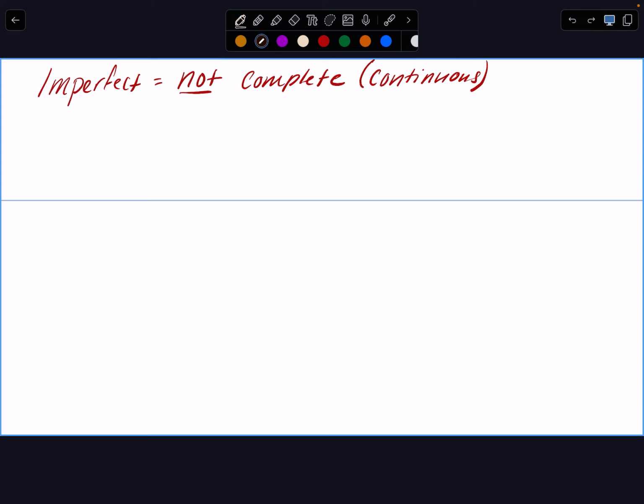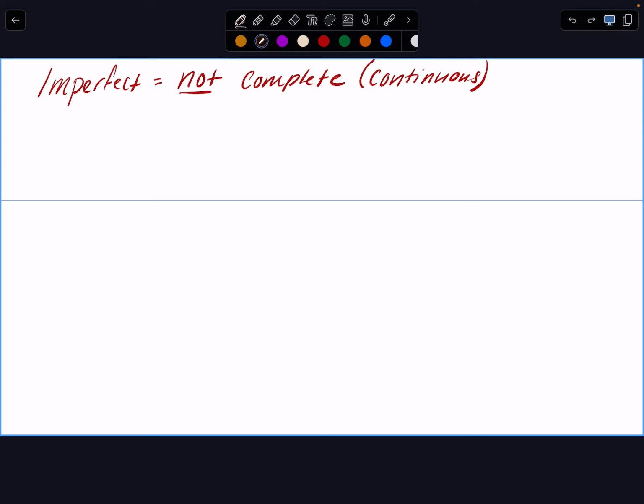Just think of it as its own thing. Why is imperfect in the present system? Because in the present system, you need the second principal part to form all of those verbs. So that's kind of just how they did it. They could have called it any system. They could have called it something else.